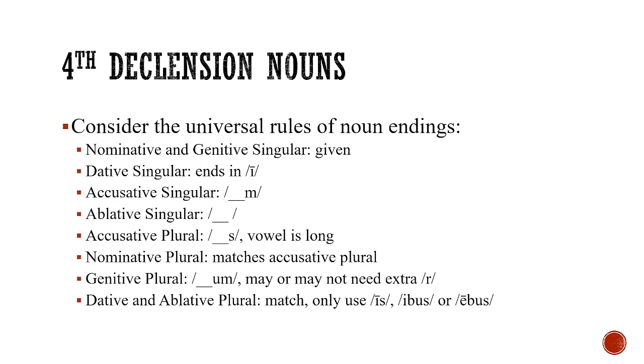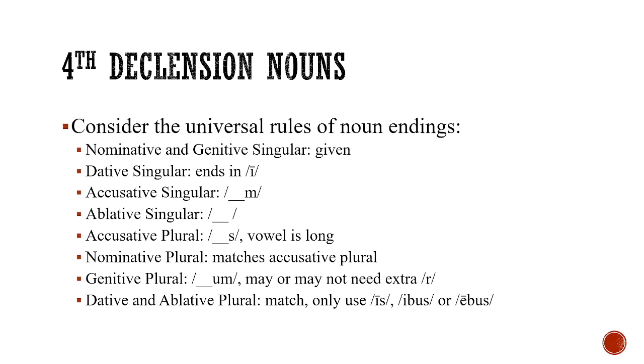The accusative singular is going to end in something plus M, and that something in all these cases will be the dominant vowel. Likewise, the ablative singular will be that dominant vowel, but with a long mark over it. The accusative plural will be that dominant vowel plus S, and that dominant vowel will take a long sound. The nominative plural will match the accusative plural in third declension and beyond. The genitive plural is going to be the dominant vowel paired with maybe an extra R as well, like arum and orum do.